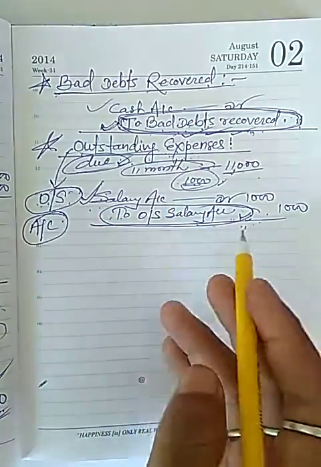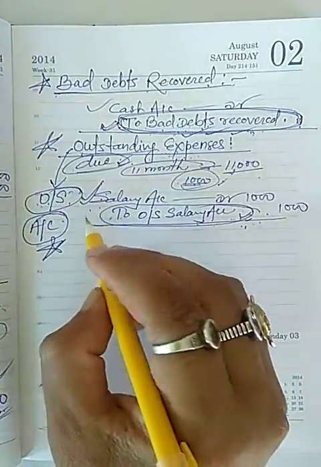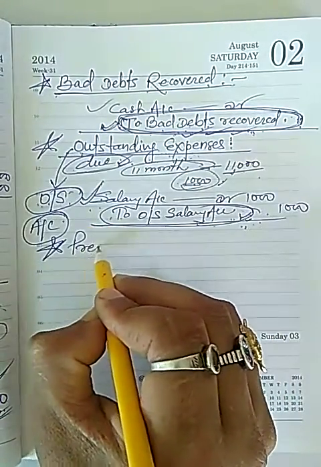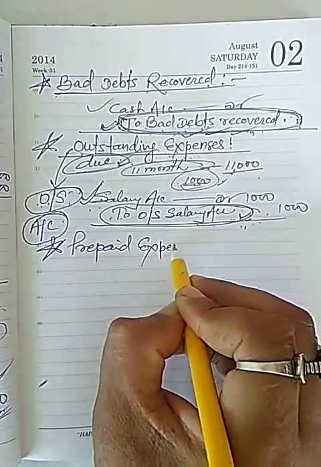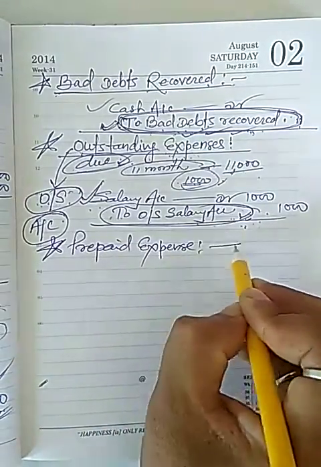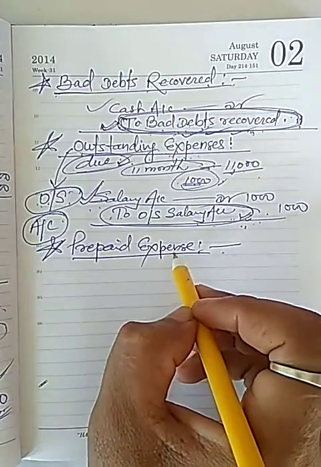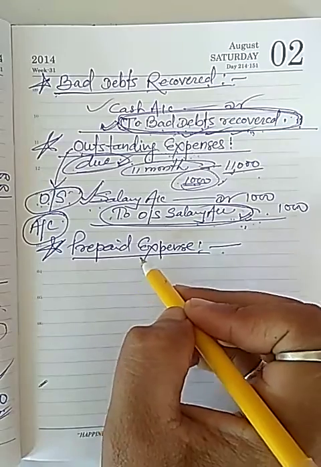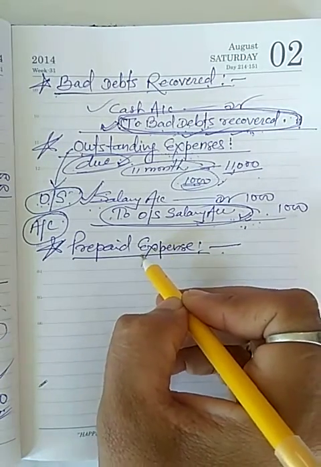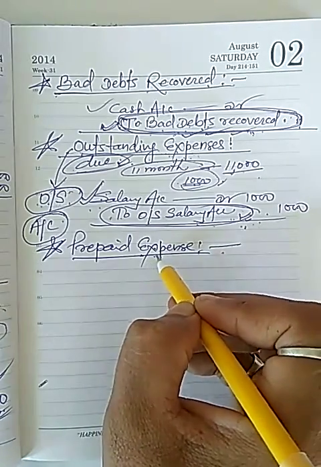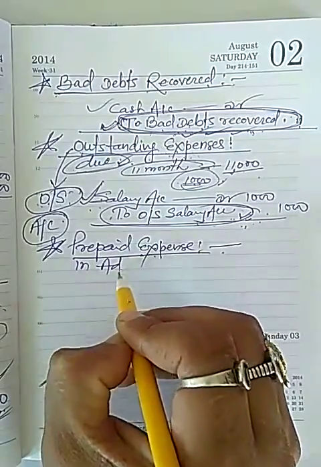Now the second thing is prepaid expenses. There are certain expenses which are related to the next year but have been paid during the current year in advance.